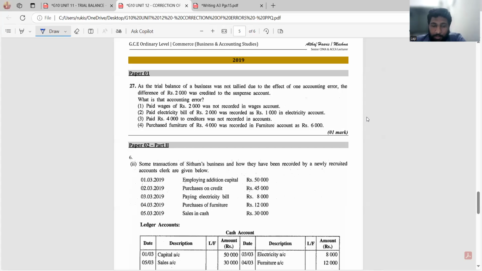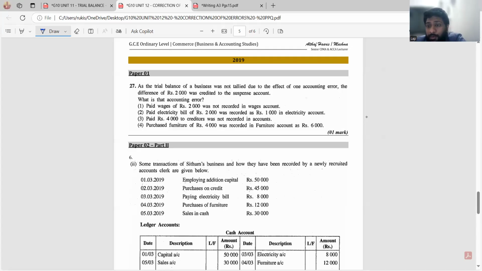Okay, so let's discuss the questions from 2019. As the trial balance of a business was not tallied due to the effect of one accounting error, the difference of 2000 was credited to the suspense.